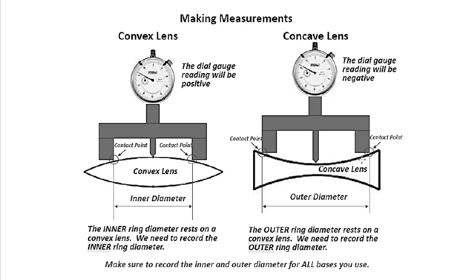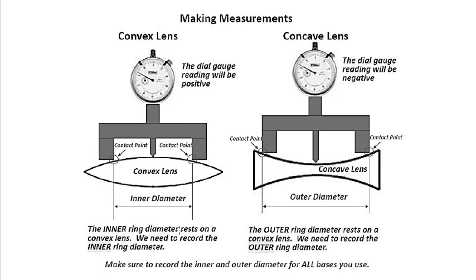For the concave lens, we're dealing with the outer knife edge, so the contact points are right here and right there, so we're dealing with the outer diameter of the base. So this is your dial gauge reading of your concave lens, which is negative. This is your dial gauge reading of your convex lens, which is positive.